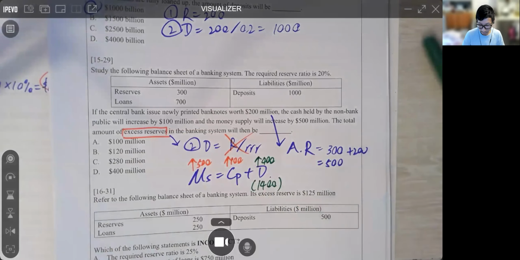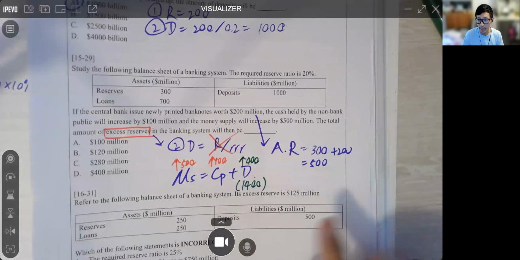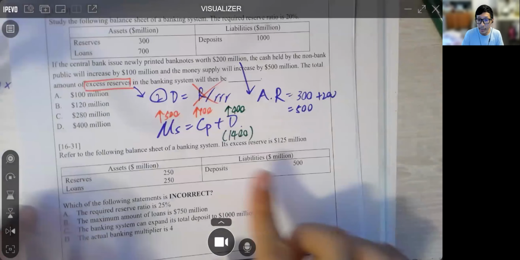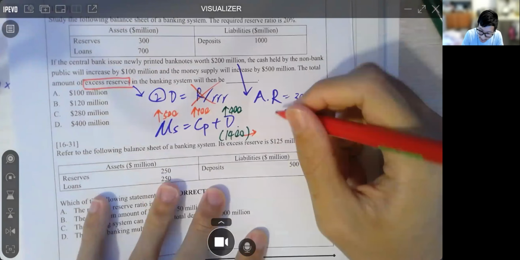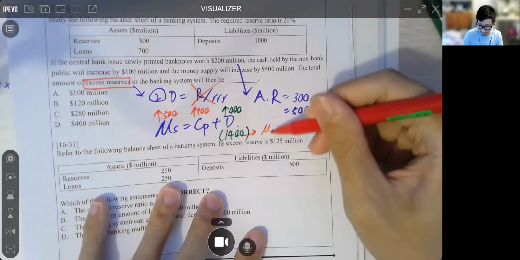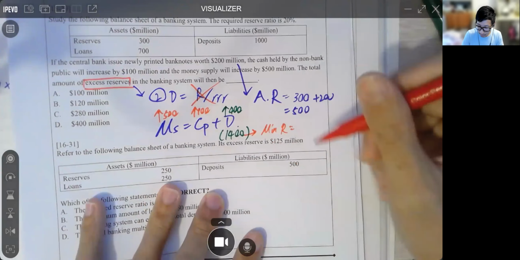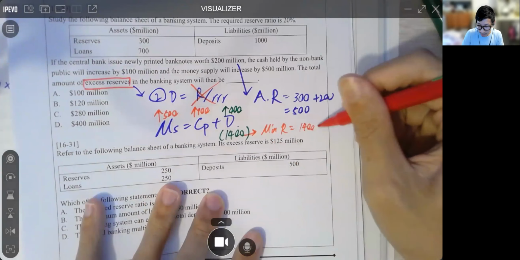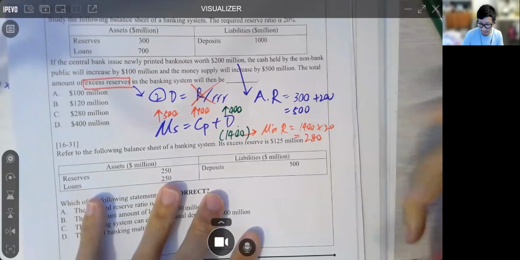1400. 好啦，now let's use this 1400 to calculate what is the minimum reserve. The minimum reserve would just be 1400 times 20%, 280.